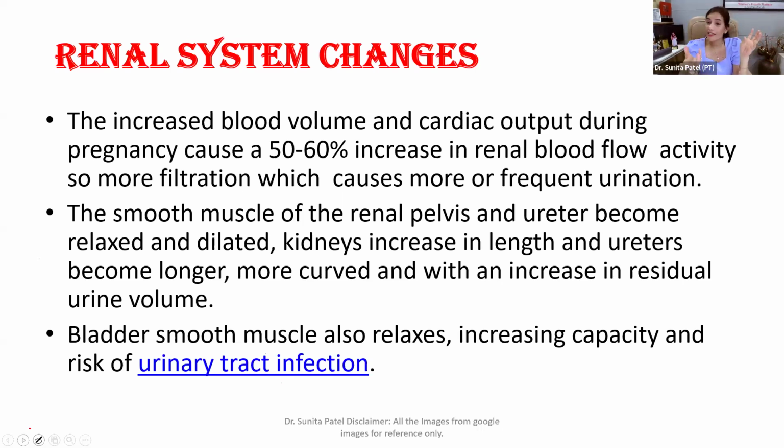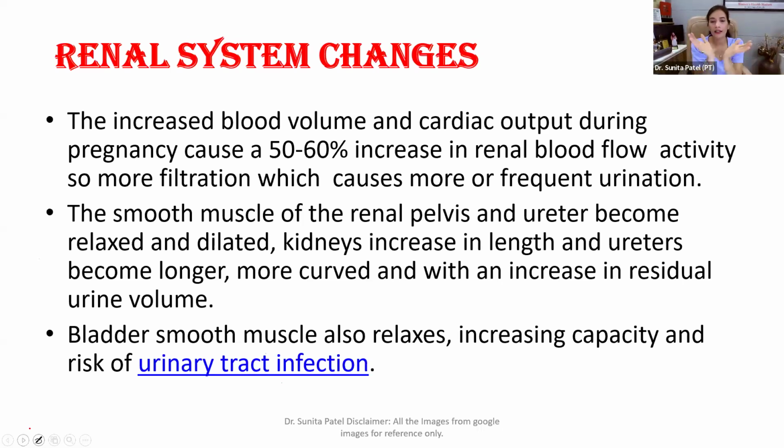But in pregnancy, the bladder is going to be more relaxed. The relaxing hormone relaxes the bladder, so the balloon will be bigger, and the holding capacity for urine will be more. So more urine will collect, because the size is increased.